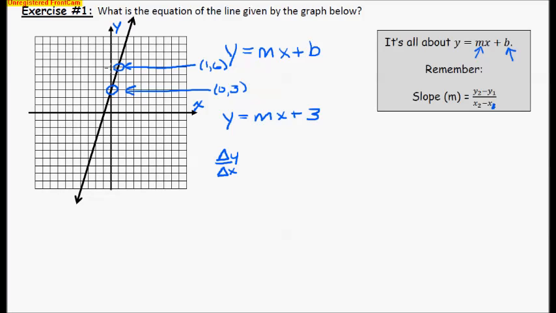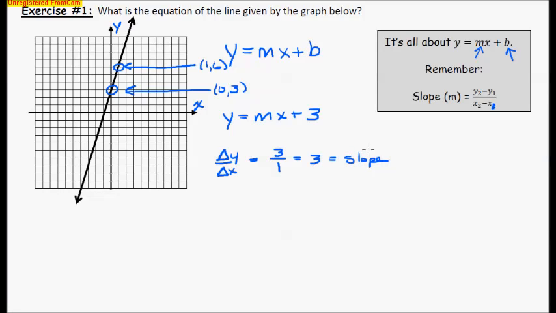Well, 1, 2, 3. So my change in y is a positive 3. Then I count how many places I went left or right. Well, I went one place to the right, and that is in a positive direction, so that's positive 1. So my slope is 3.